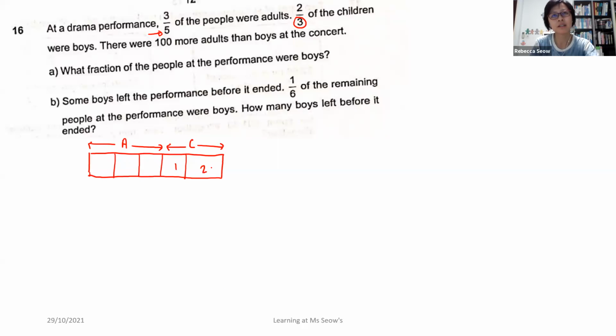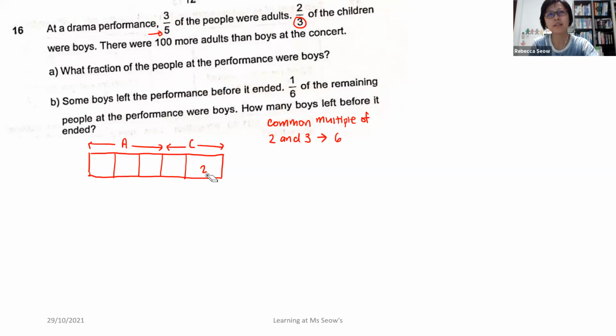So let's see, with 2 units here and 3 units there, let's consider the common multiple of 2 and 3. The common multiple of 2 and 3 would be 6.